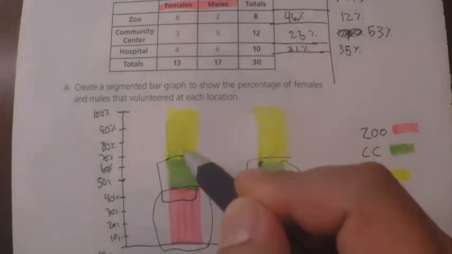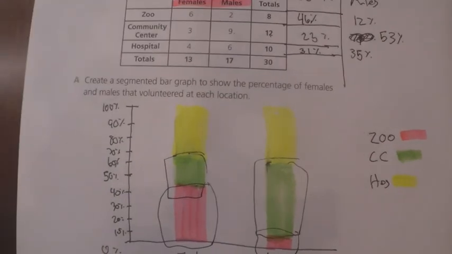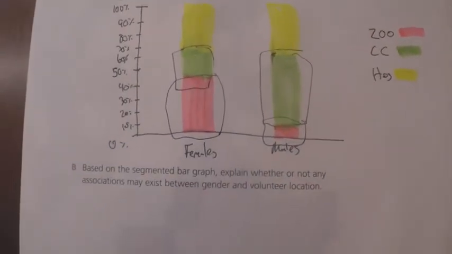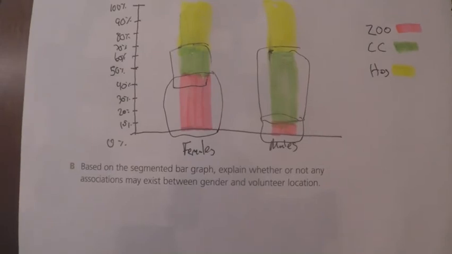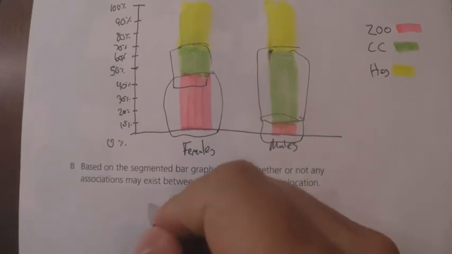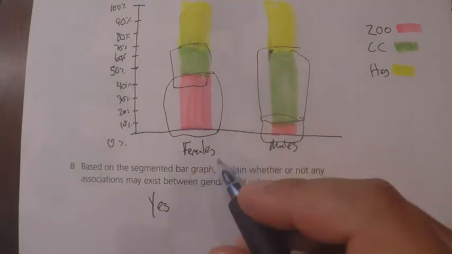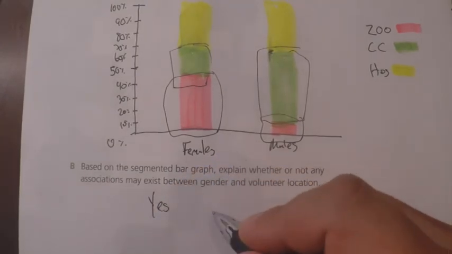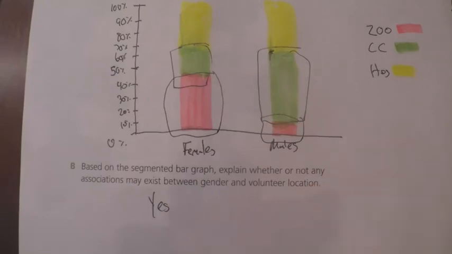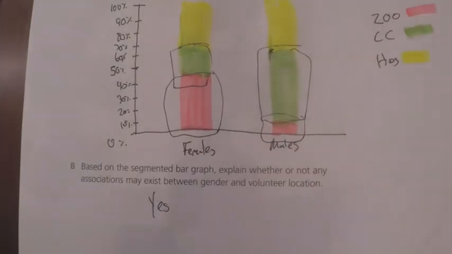So if we're asking if there might be an association, then I would definitely say yes, there could be an association because we see the big difference in the relative frequencies there. So there, our answer is yes. Because we see a big difference.